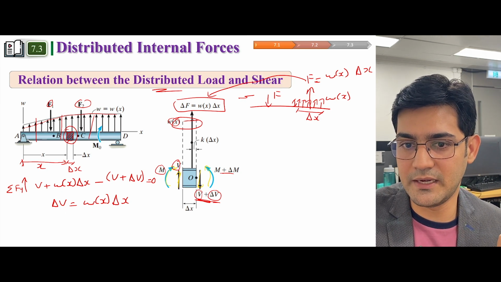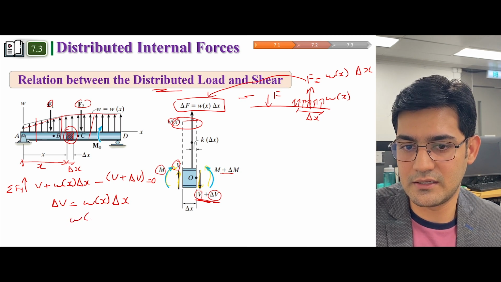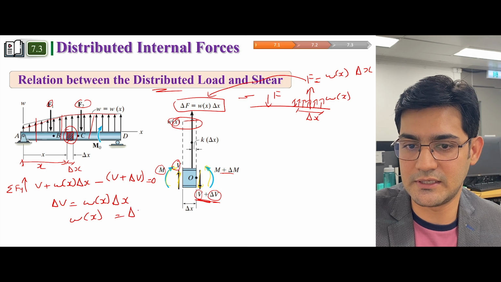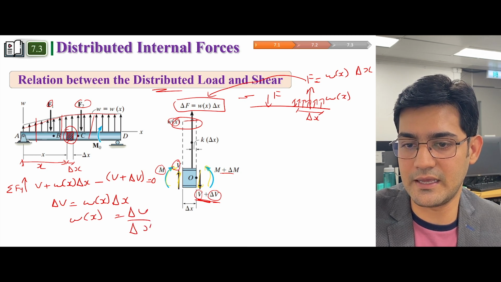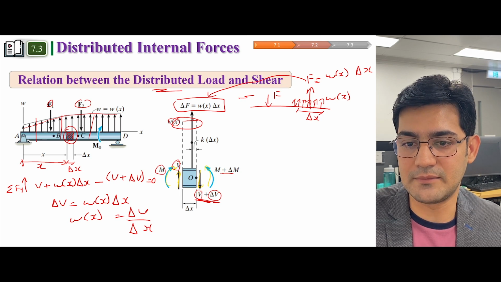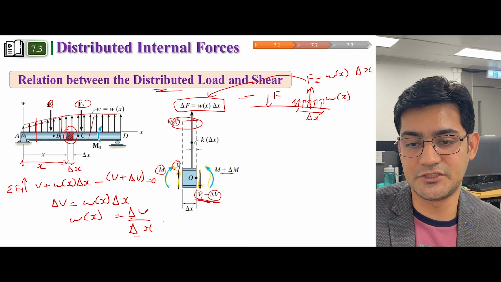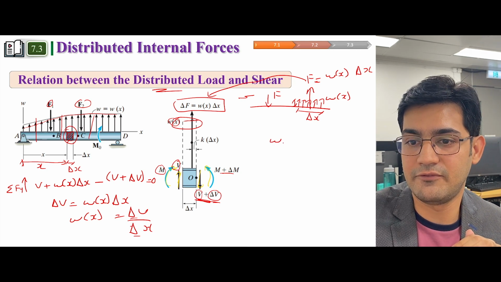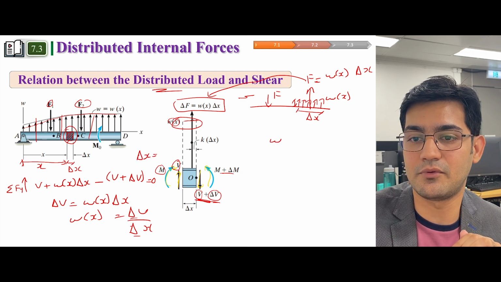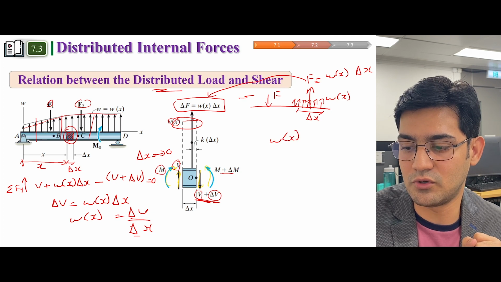So delta V would be Wx delta x. If I rearrange this, Wx is delta V by delta x. What does that mean? This delta can be transformed to differential values if we assume that delta x approaches 0. Then Wx would be equal to dV by dx.